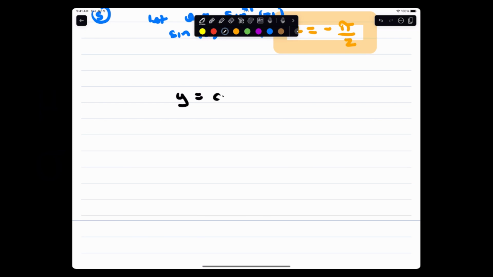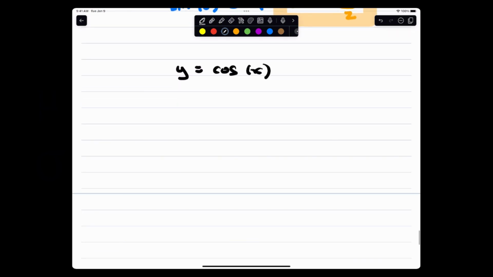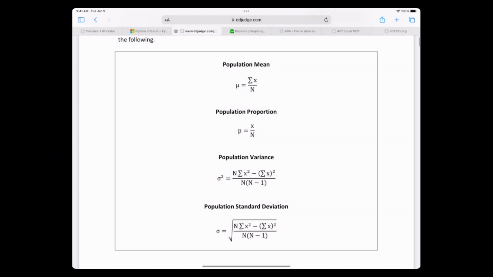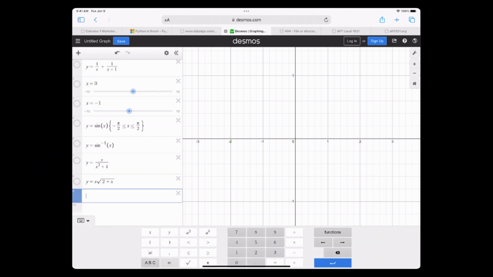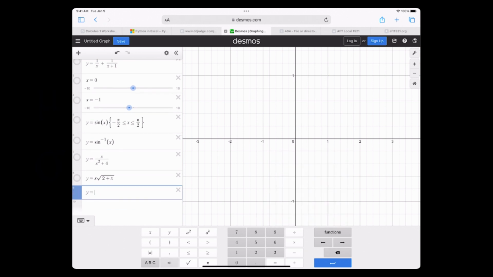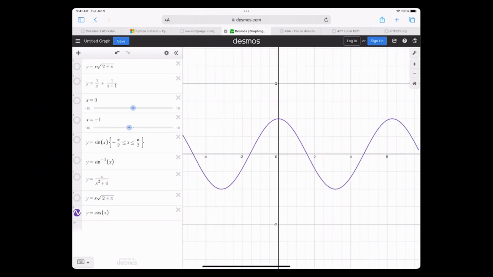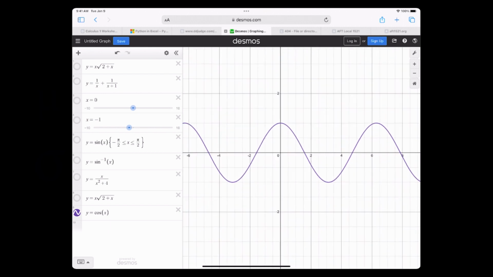So let's talk about cosine, ladies and gentlemen. And generally speaking, for cosine, if I go over to Desmos again, like I've been doing, we say, okay, what does cosine look like? Here's generally your cosine curve. Is that right?